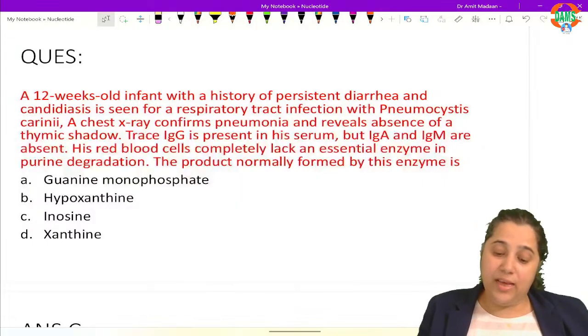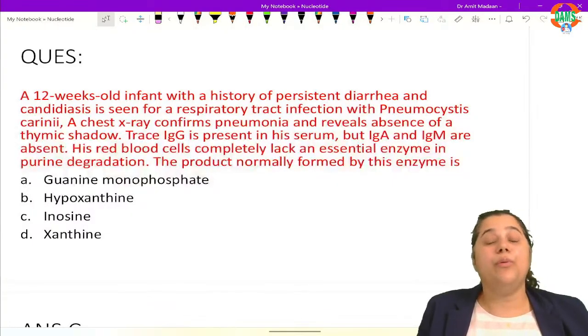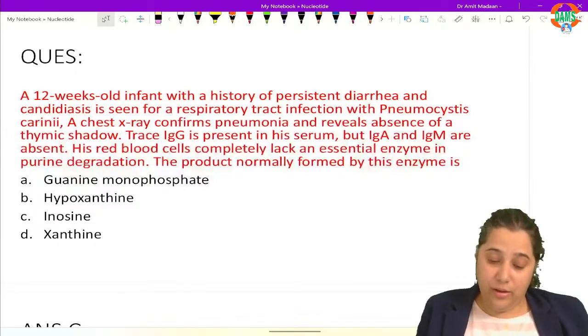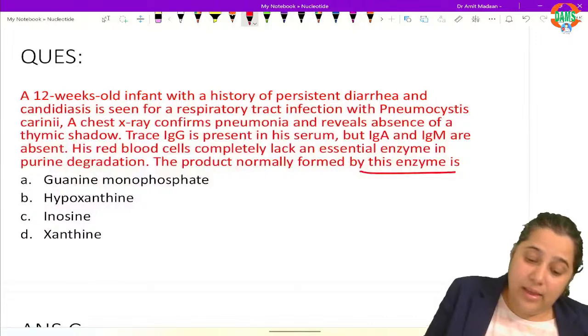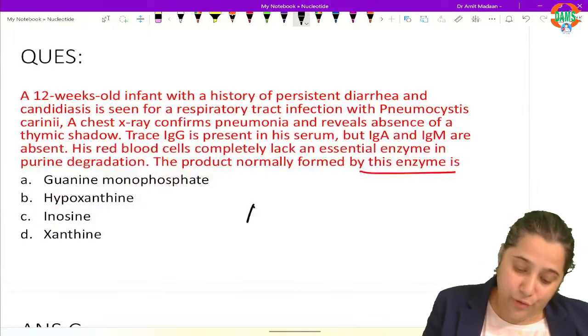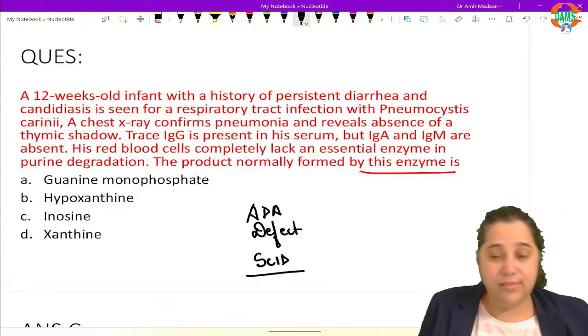His RBC completely lacks an enzyme essential in purine degradation. The product formed by this enzyme is... have you heard of a disorder known as ADA defect, resulting in severe combined immunodeficiency?